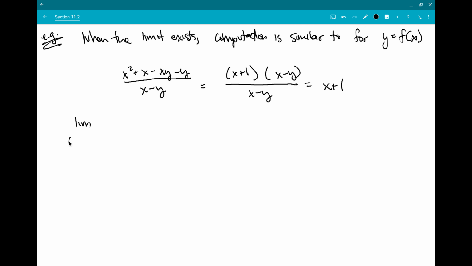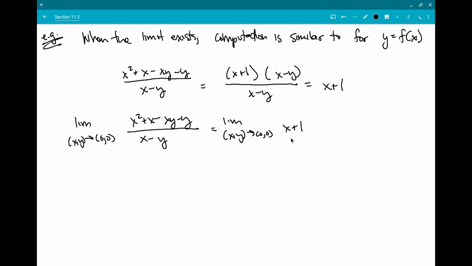So if I'm taking this limit to 0, 0 of x squared plus x minus xy minus y all over x minus y, I know that's the same as the limit as x and y both go to the point 0, 0 of x plus 1.